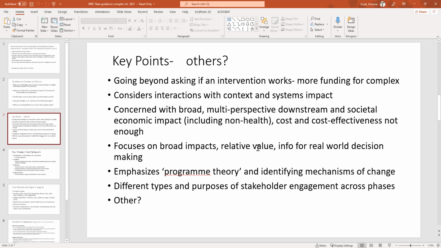It definitely has both a contextual, very explicit contextual and systems impact there. Third point is interesting, is that they argue they go way beyond where most implementation scientists do, where we're talking about cost or maybe cost effectiveness. They say you have to go way, way further downstream than this and be talking about overall societal impact, including things like non-healthcare implications.